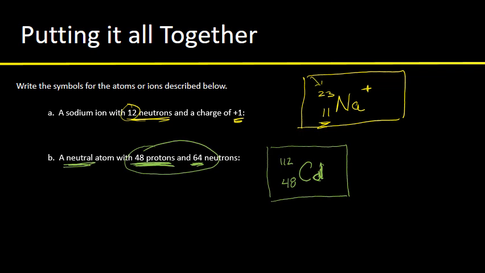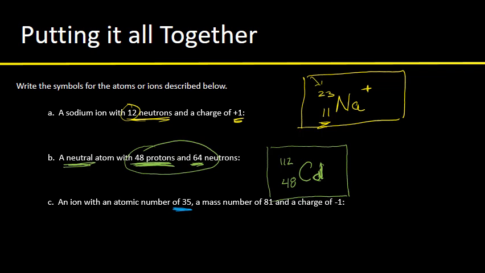All right, let's try one more. Let's write the symbol for an ion with an atomic number of 35, a mass number of 81, and a charge of -1. So again, we don't know what the element is, but we know the atomic number is 35.